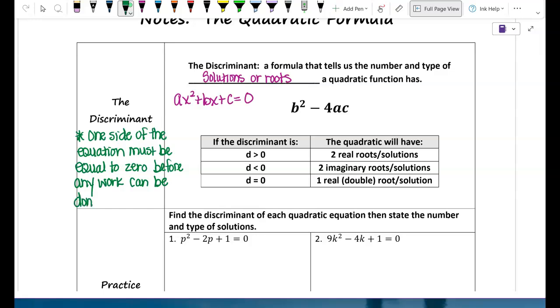I can't determine what the value of A, B, and C are if I don't have one side equal to 0 yet. That is a requirement.